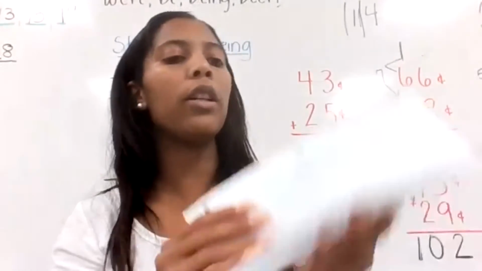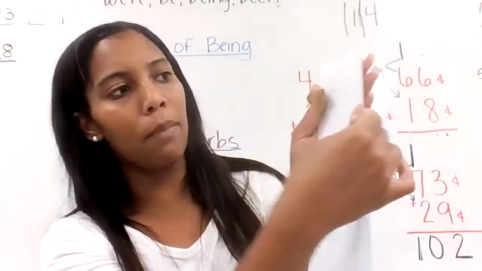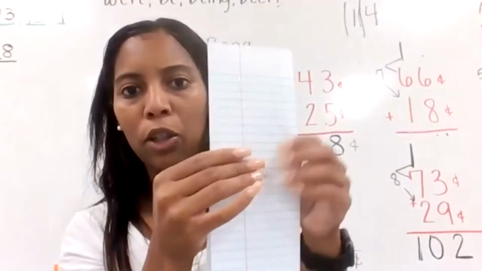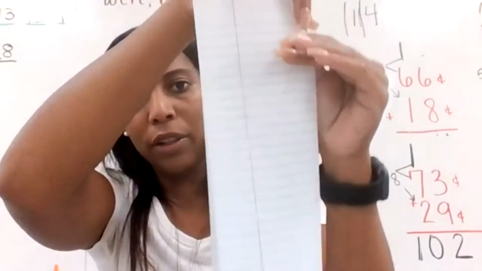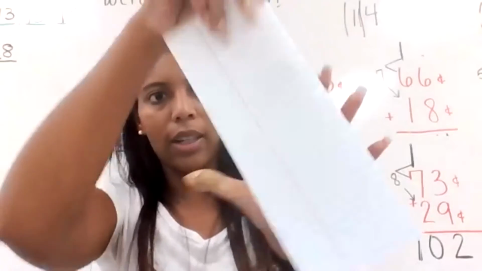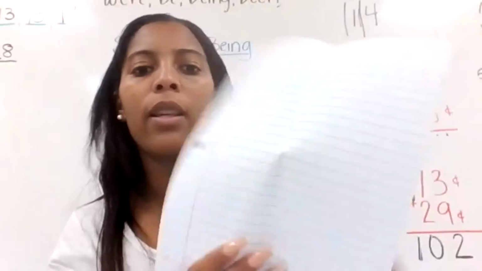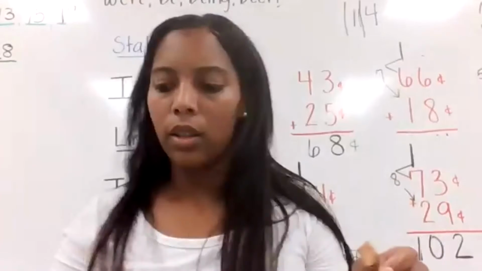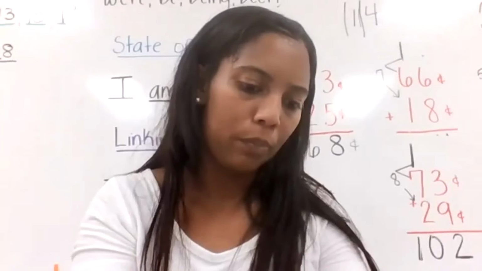Whenever you're folding it, make sure that the sides match, that it's not all uneven like this. See, that's not even. Make sure the sides are matching. Then you crease it down so that it's in half. Open it, and then I want you to trace that line down with your pencil. That helps you to get a straight line.